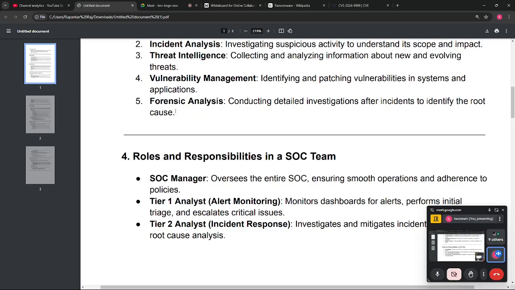For that purpose, you need to learn some forensic tools, like FTK Forensic Toolkit or Autopsy. These are very basic tools you can use for forensic analysis.